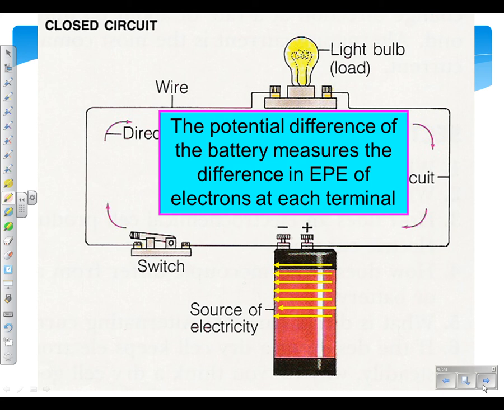So the voltage of the battery tells me how much electric potential energy I am giving each electron as it travels through the battery, which is also the amount of energy that it can then use in whatever we're running the electricity through. So potential difference, or voltage of the battery, measures the difference in electric potential energy at the different terminals. How much electric potential energy do those electrons gain as they go through the battery, and then how much do they lose as they go through the circuit?